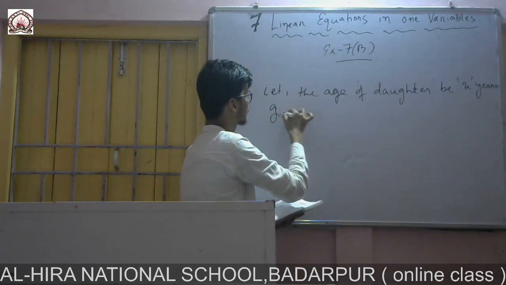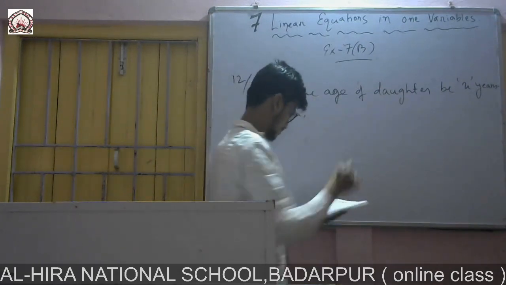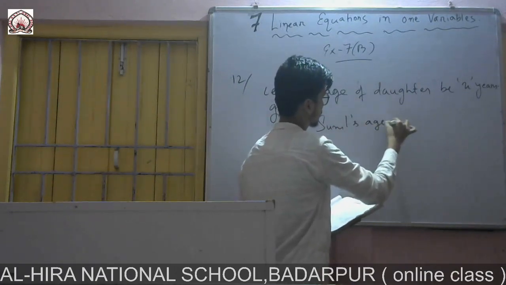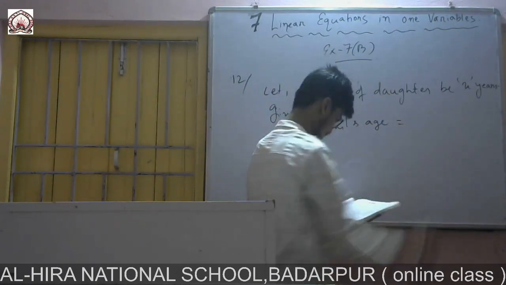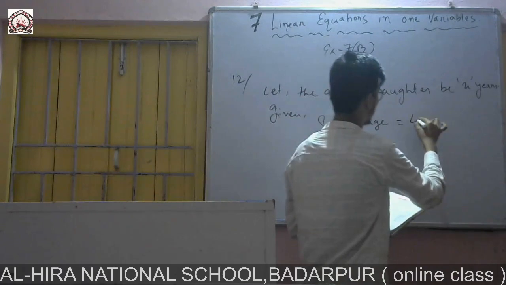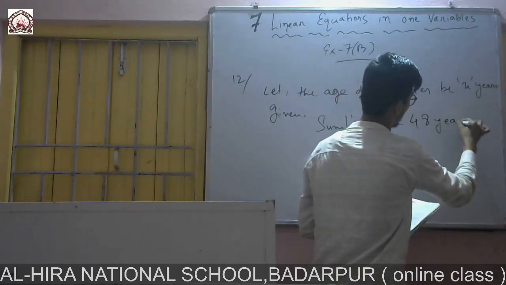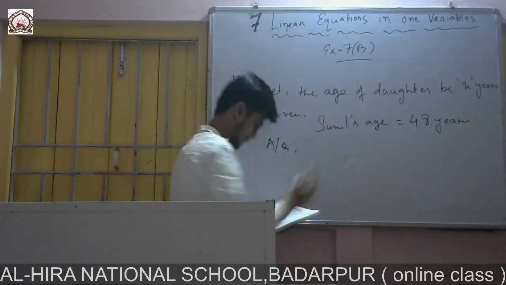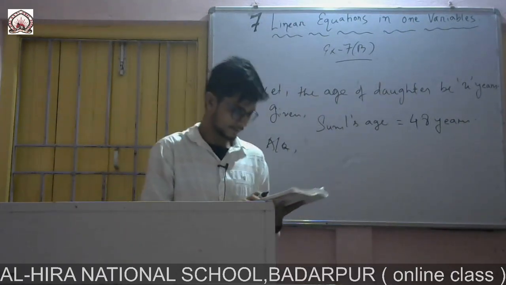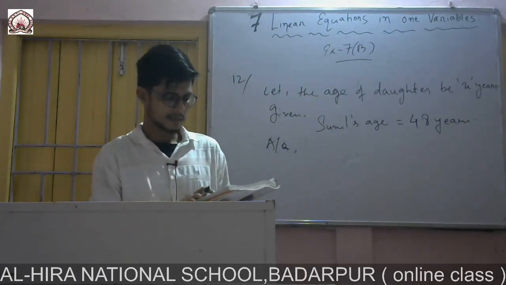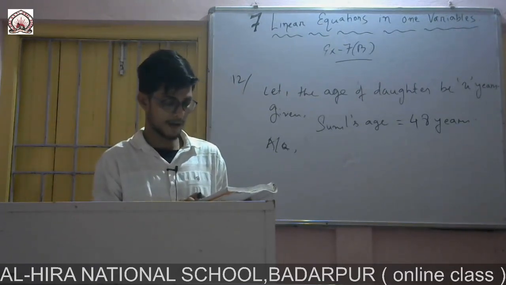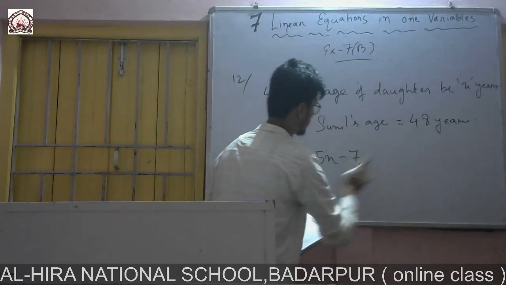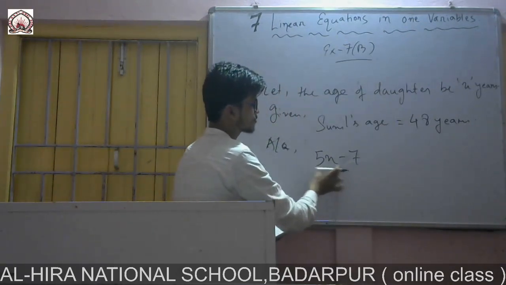Given Sunil's age is 48 years. So according to the question, he is 7 years less than 5 times his daughter's age. 5 times his daughter's age. 7 years less than 5 times his daughter's age.